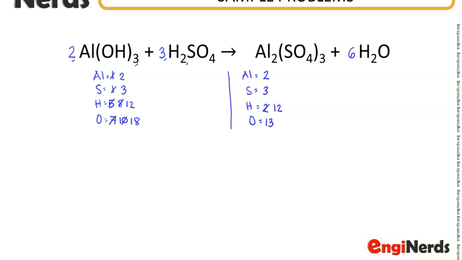So 12 plus 6 is equal to 18 oxygen. So we have 18 oxygen dito sa ating product. So as you can see, balance na yung reaction natin yun. So that means this is our final answer for this problem.